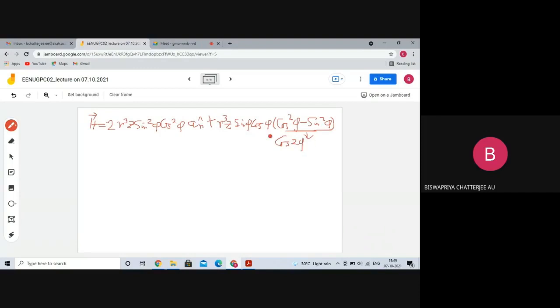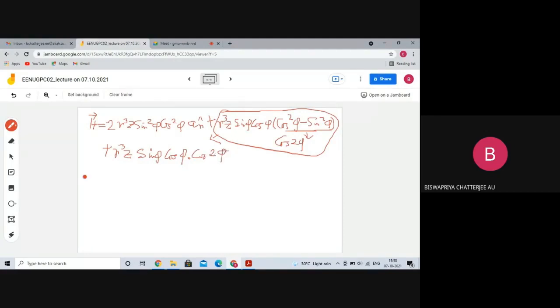So that is multiplied with, let me write it down once again. This term basically yields r cube z sine phi cos phi into cos 2 phi.